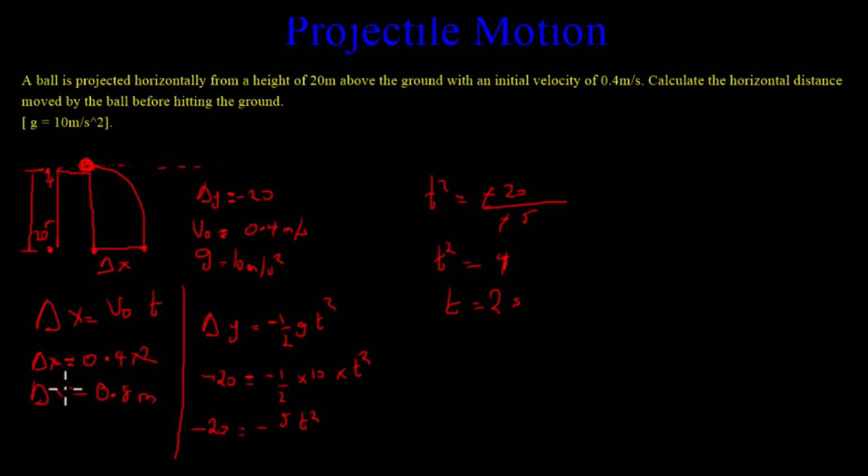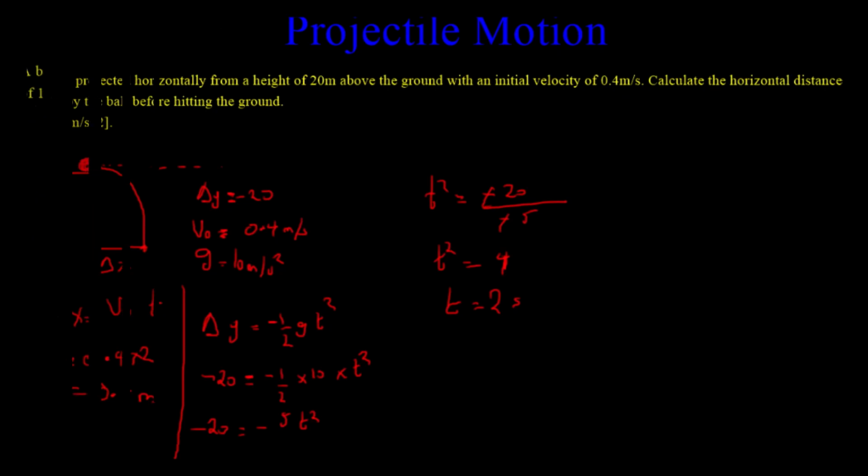So this is delta x. You can see that once we know the type of projectile motion we're dealing with, it aids our solving. We're able to solve questions without worrying about which equations or formulas to use. Let's move on to the third question.